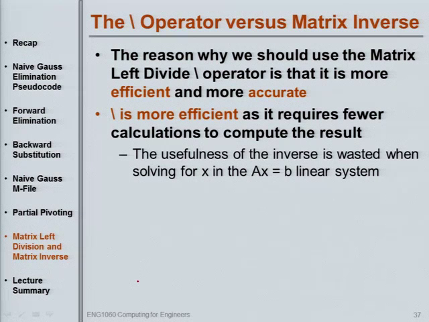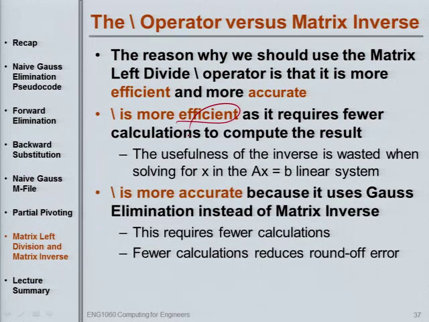Calculating an inverse is a very, very expensive process. Okay, so it's more efficient. It takes less time because there's less computation, and it's more accurate because there's less computation. There's less round-off error. Okay, so you're more likely to get a better solution by using the left division.